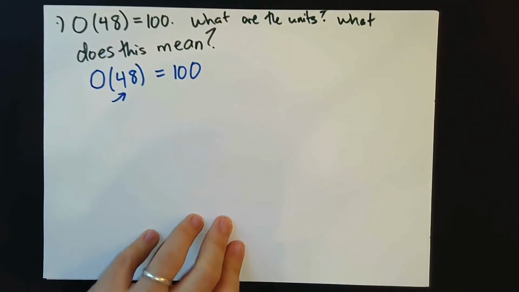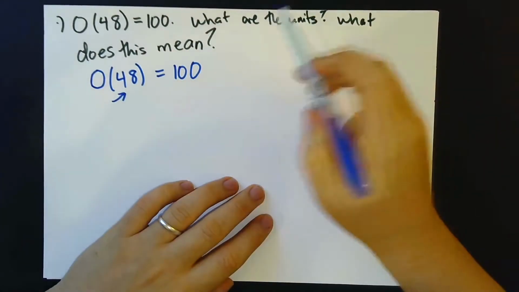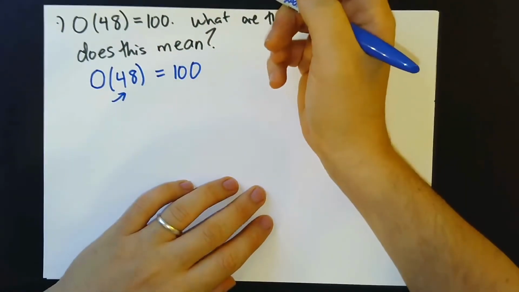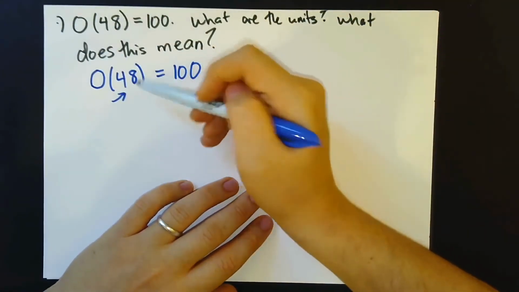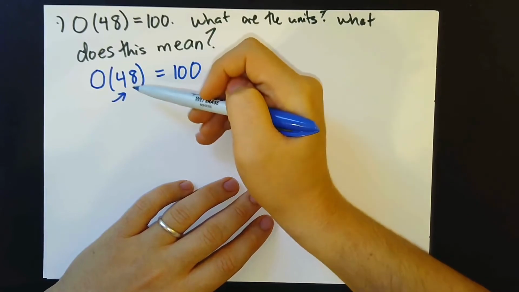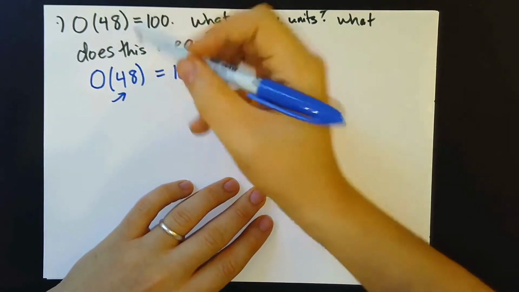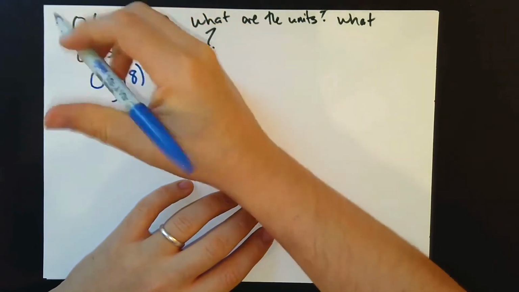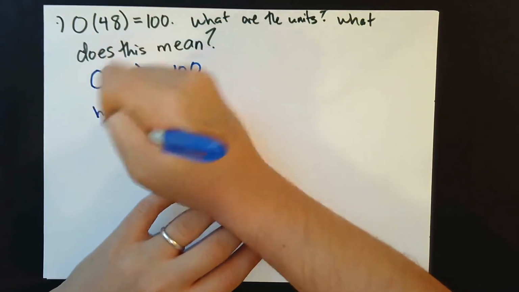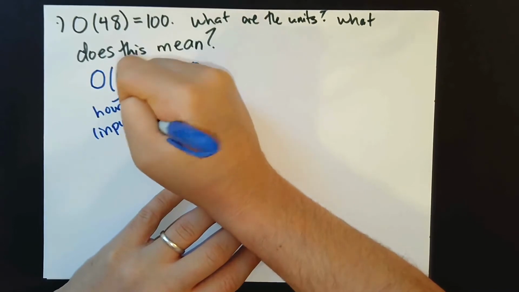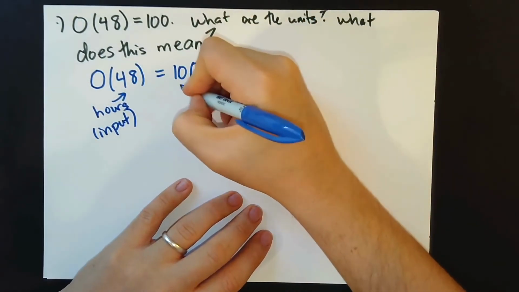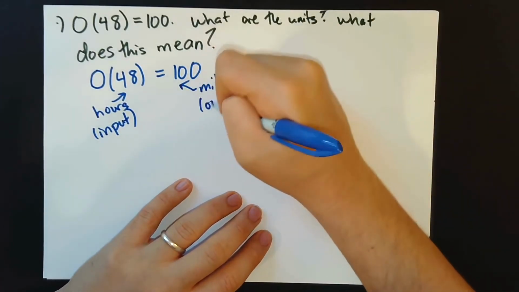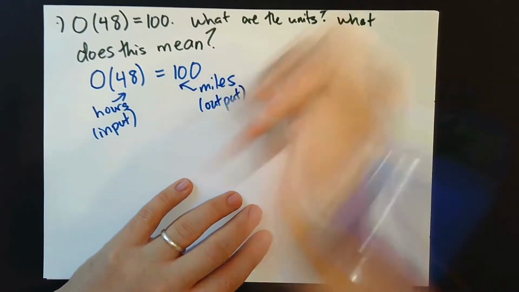Labeling the units first is often a good way to get to what the things mean. So think for a second, is this 48 an input or an output? You should have said it's an input. And what are the inputs of this function measured in? They're measured in hours. Whereas this 100 is an output, so it's a number of miles, because it's an output.